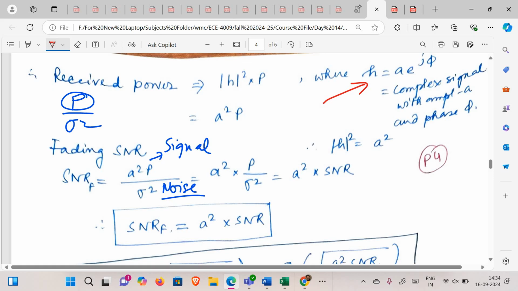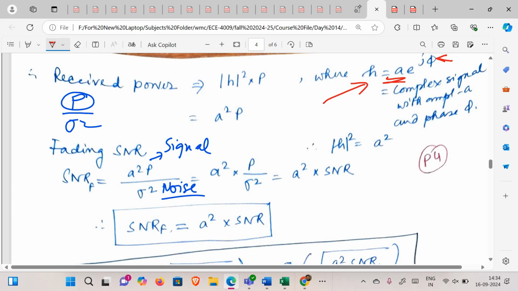So the multipath has this A as the amplitude. A has the magnitude, and phi is the phase difference that is introduced in the system. If there are n multipaths, there will be n amplitudes. It can be higher, it can be lower, it can be anything. It can be random also. It must be random also. And phi also will keep on changing.